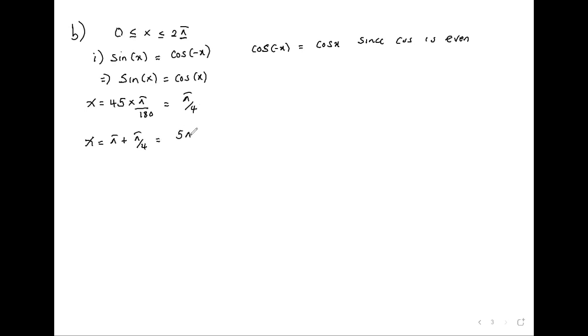So you get 5 pi over 4 as a solution. So you can't say cos and sine are equal in the second quadrant because sine there is positive, cos is negative. So you can't say those are equal.